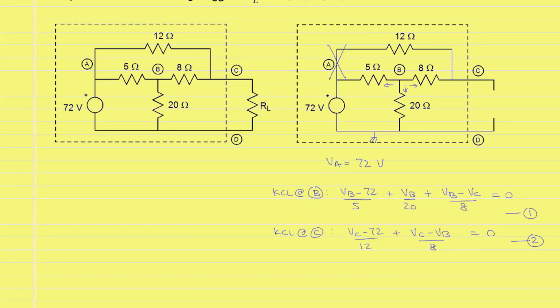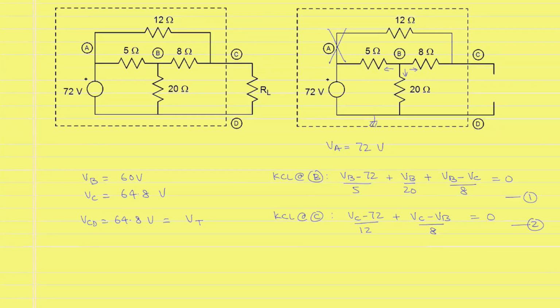We can solve them. The solution will give us that VB is equal to 60 volts and VC is equal to 64.8 volts. Therefore, the open circuit voltage VCD is equal to 64.8 volts, which is also equal to the Thevenin voltage VT.